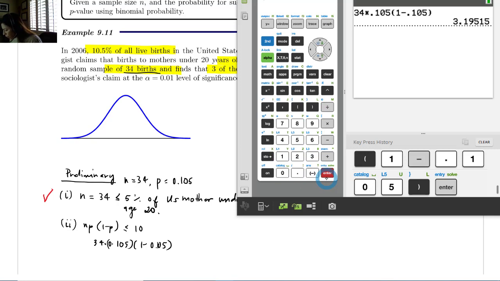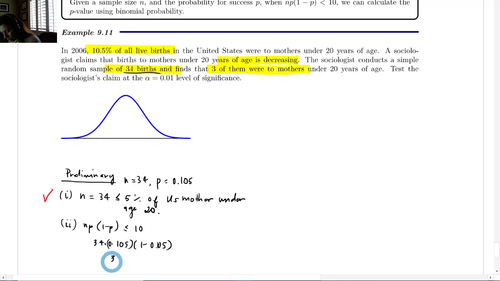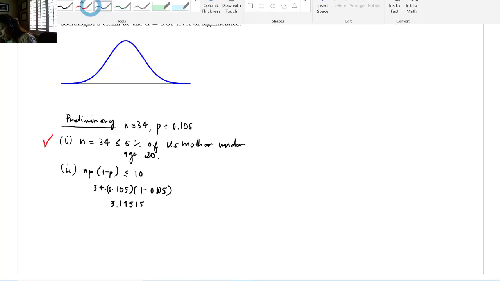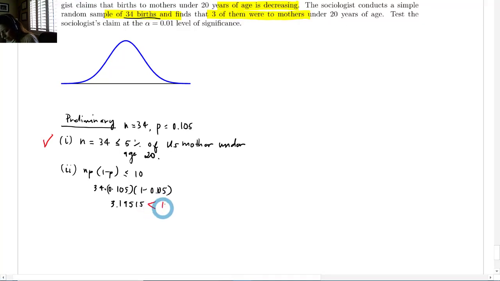So that is 3.19515. Let me scroll down a little bit more so we can see it here. That is definitely less than 10. Yikes.